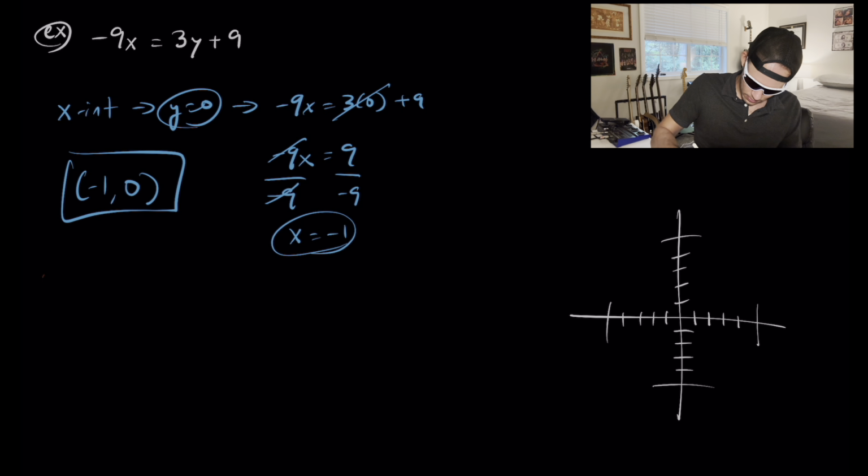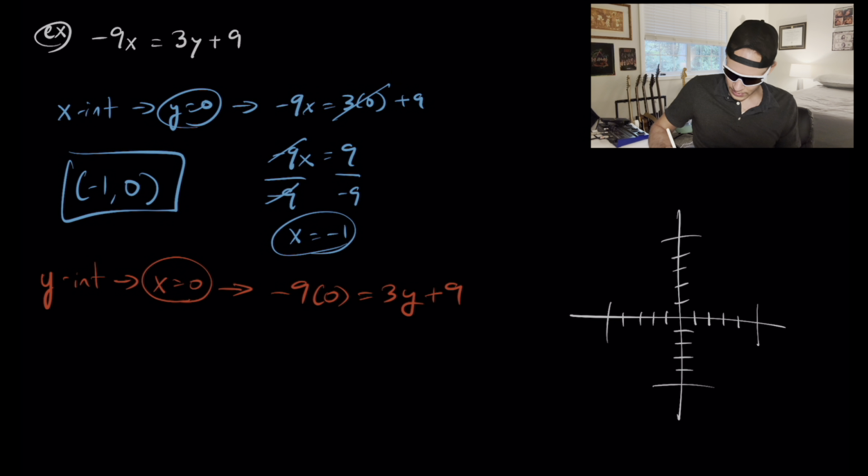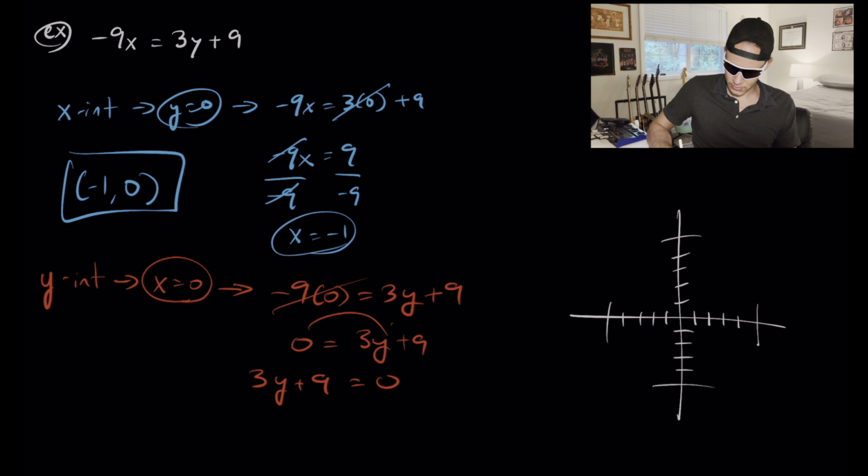Our y-intercept, that's when x is equal to 0. Plug that into the equation. Negative 9 times 0 is equal to 3y plus 9. Negative 9 times 0 is 0, so we'll have 0 is equal to 3y plus 9. I'm going to write it as 3y plus 9 equals 0, so just swap both those sides. We'll subtract 9 from both sides, that will cancel out, and we'll have 3y is equal to negative 9.